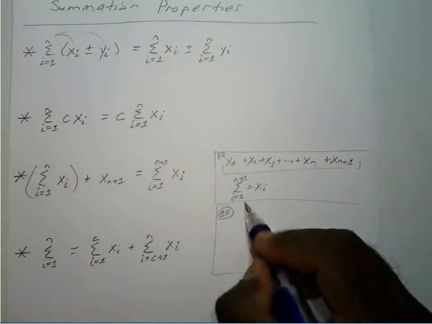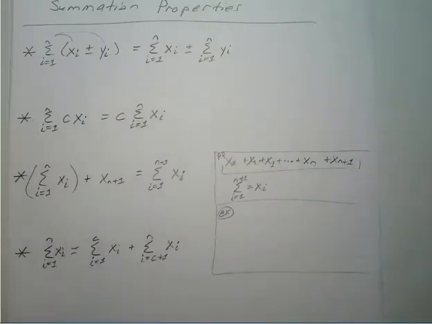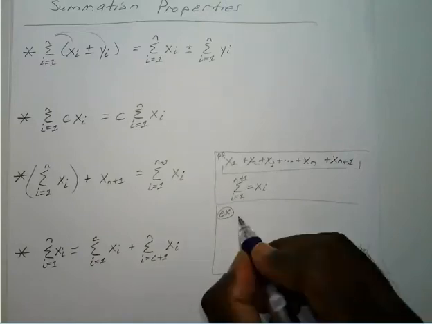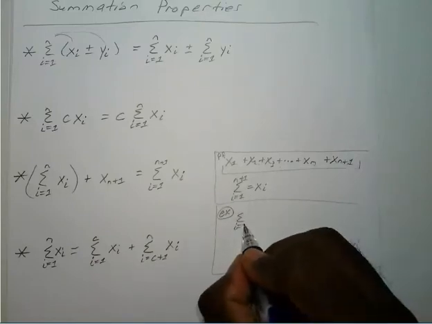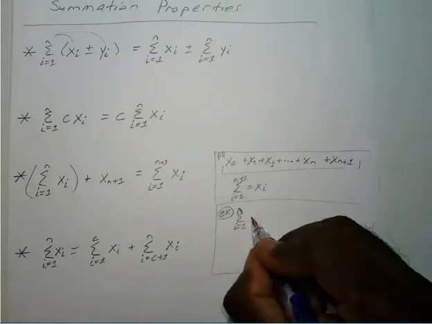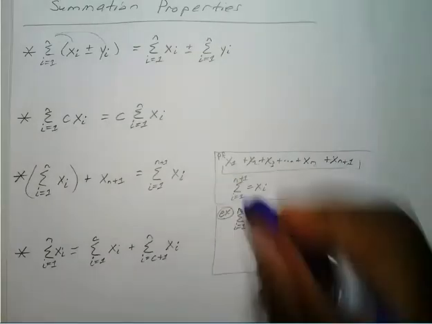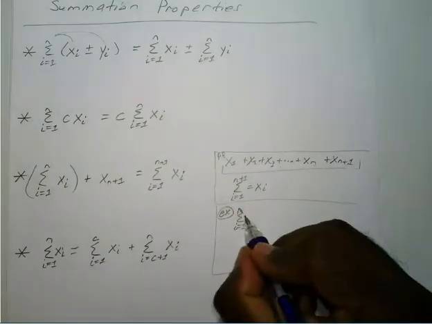So let's say you have the sum from i equals 1 to n of x of i.